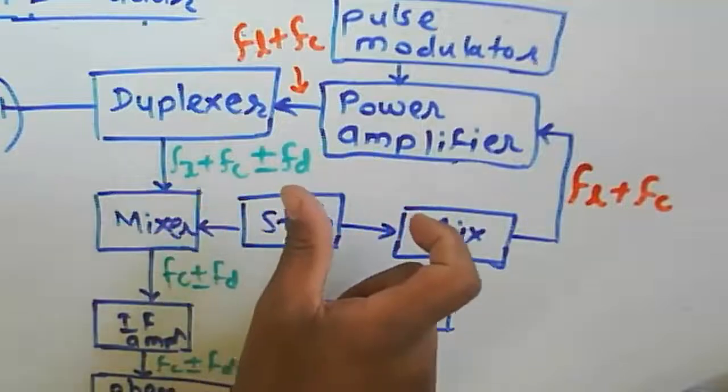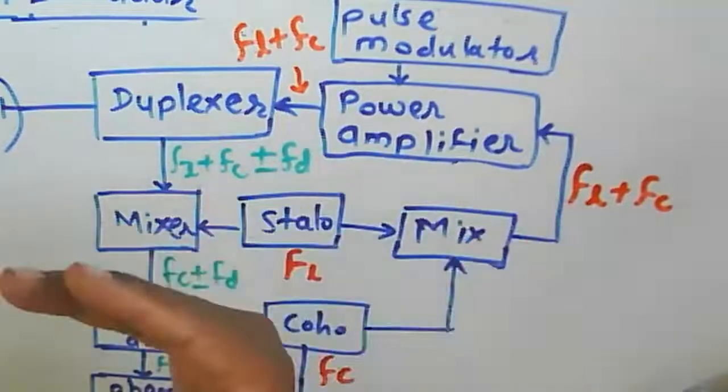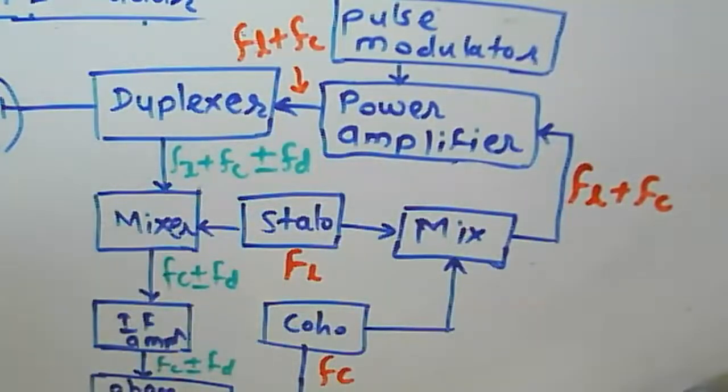The power amplification will be low compared to the klystron amplifier. So for stable operation or for high power amplification, according to the particular purpose we require, we have to choose the device. That's all about the MTI radar.